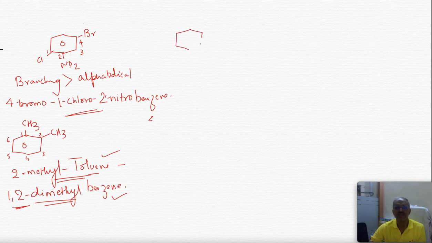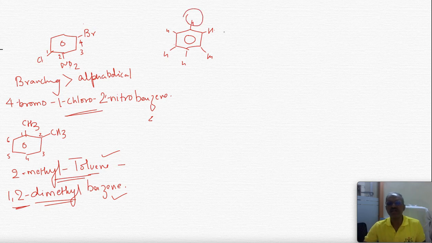Now, coming to another part. As we have seen, this is benzene, where it has hydrogen. When one hydrogen is removed, and all the other places have hydrogen intact, the name of such a group is phenyl.